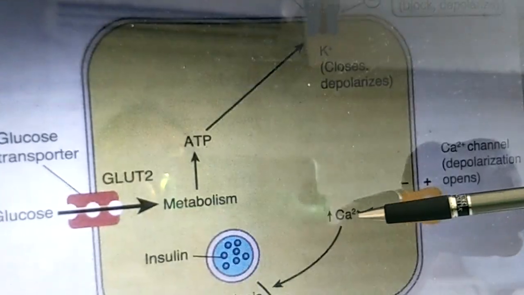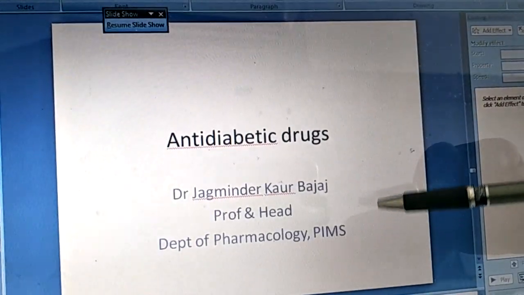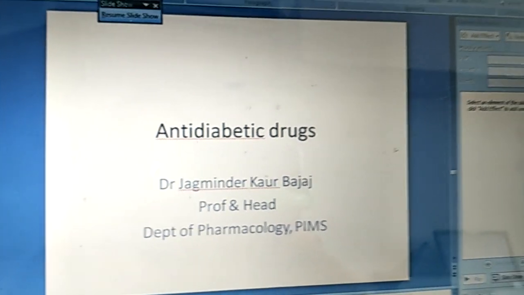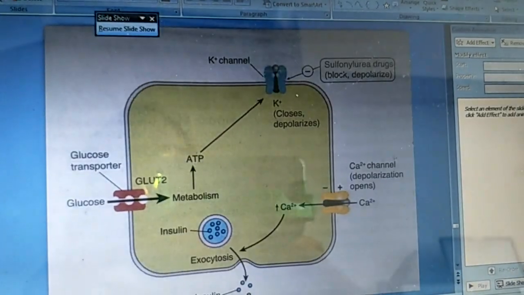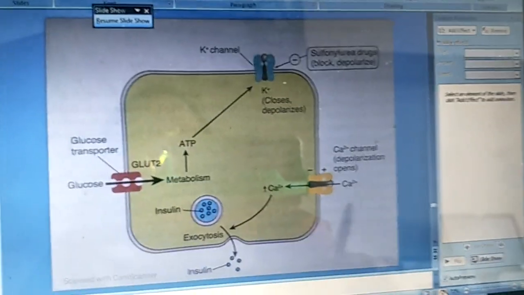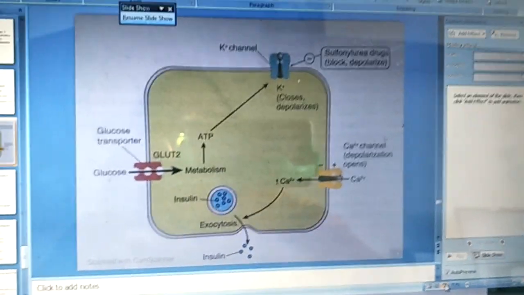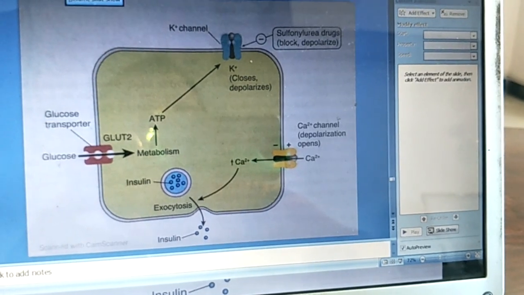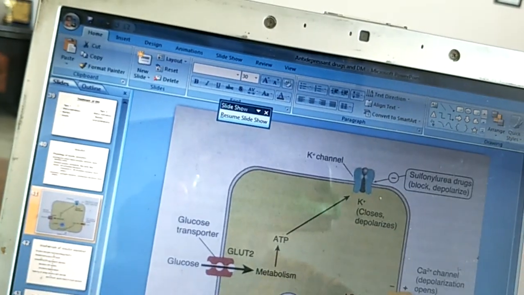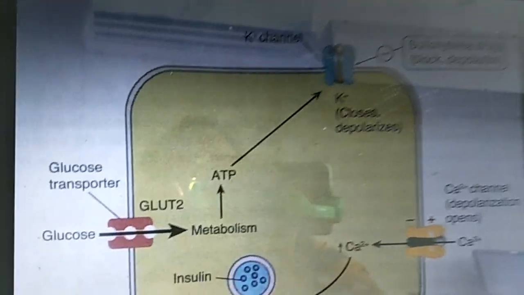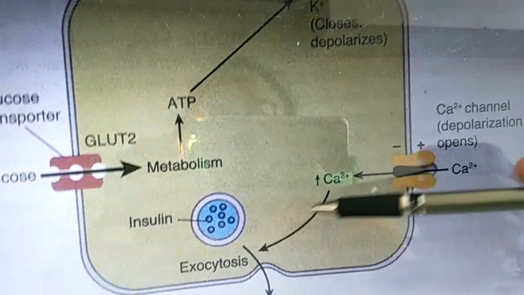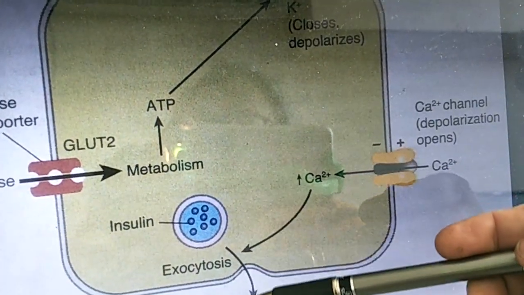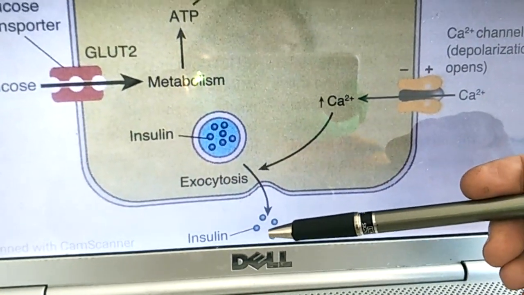Calcium enters in, and intracellular calcium concentration is increased, which causes exocytosis of insulin and release of insulin.